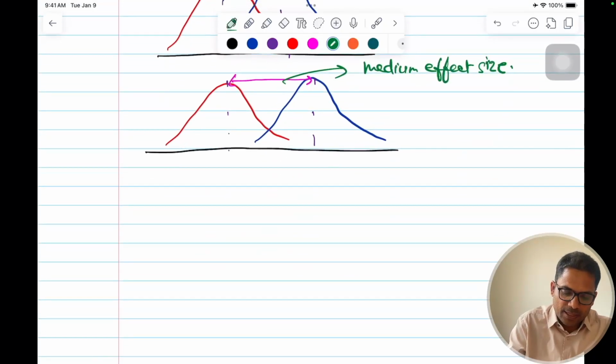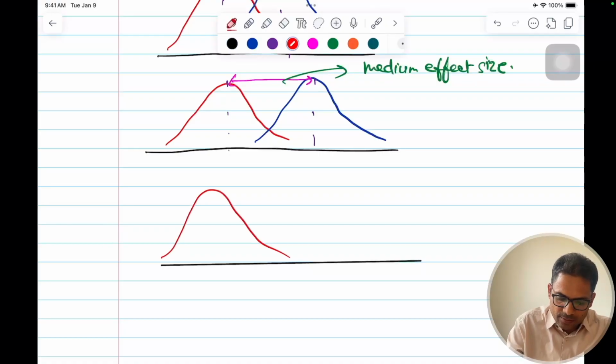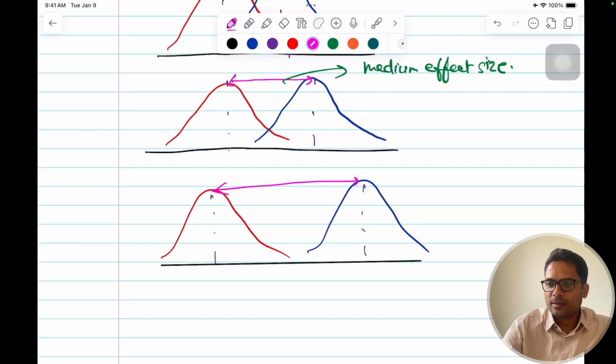Or it can be very far. I can have the red sample like this and the blue sample like this, with no overlap, quite far. We can say that this is your large effect size.